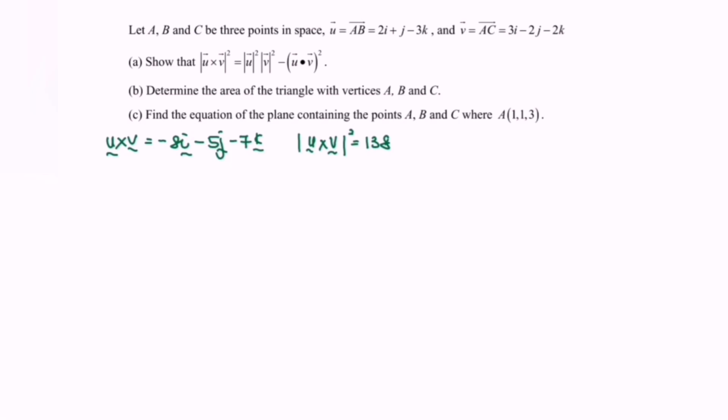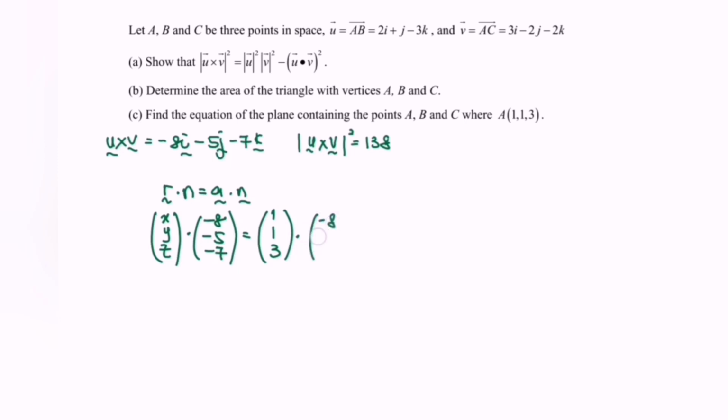Next, focus on question C. Find the equation of the plane, where we have r dot n is equal to a dot n, containing the points ABC where A is the point. So kindly substitute, where we have the normal of the situation will be negative 8, negative 5 and negative 7. So here we have x, y and z for the r dot with the normal negative 8, negative 5, negative 7, equal to where we have the A 1, 1 and 3 dot with negative 8, negative 5, negative 7.